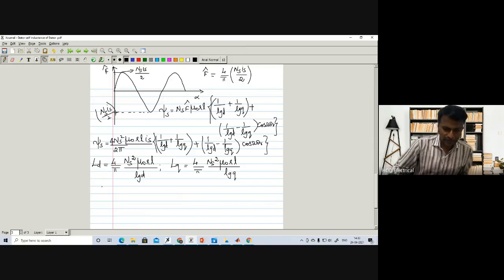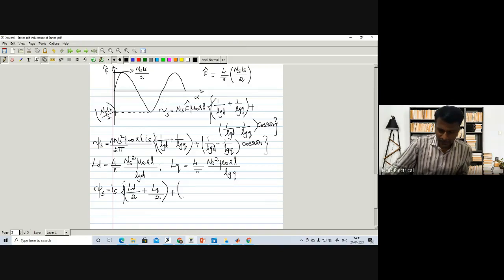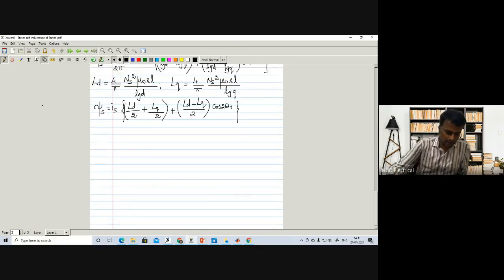So in this case, we can write psi s is equal to, substituting these two equations here for simplicity, Is into LD by 2 plus LQ by 2 plus LD minus LQ by 2 into cos 2 theta r.